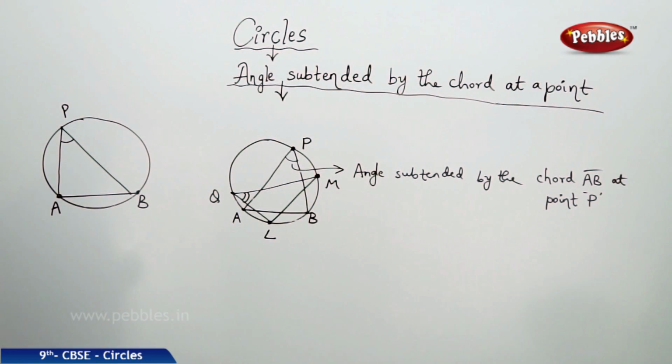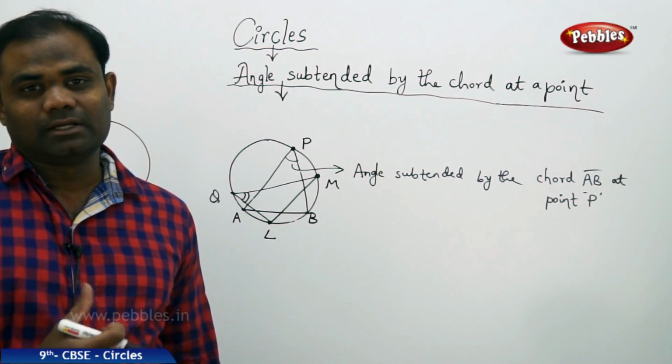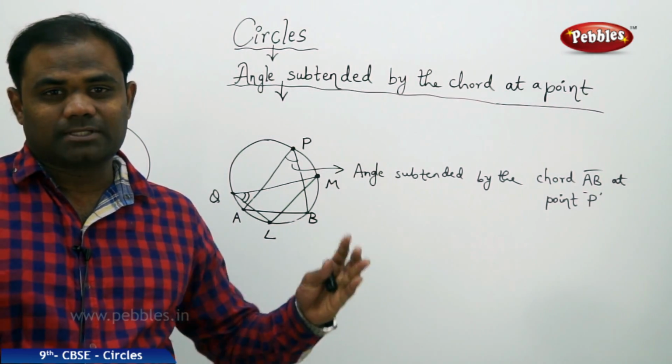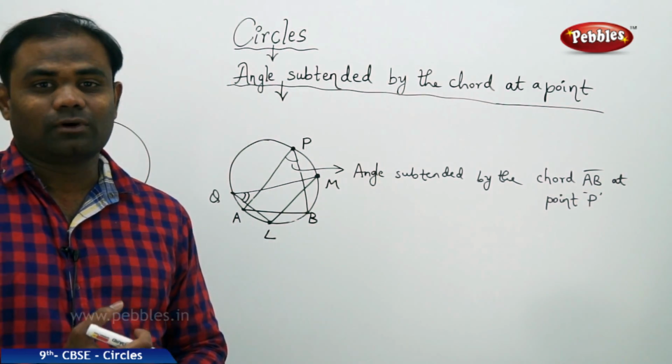So clearly I understand that the rule for angle subtended by the chord at a point is that both the endpoints of the chord must subtend an angle such that we get a subtended angle of the chord.